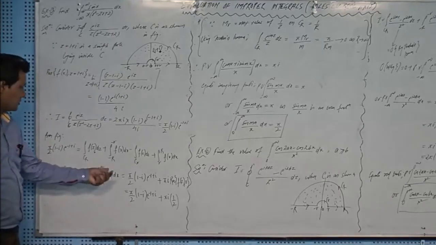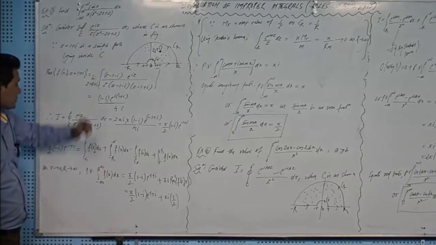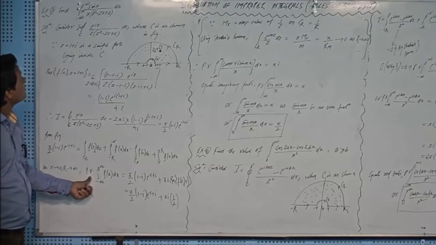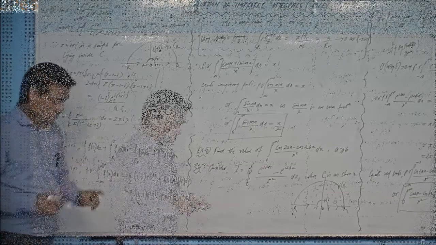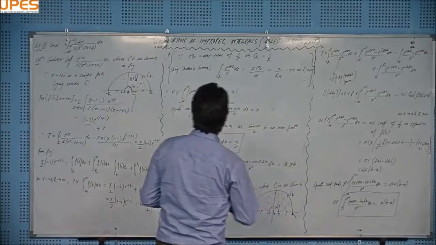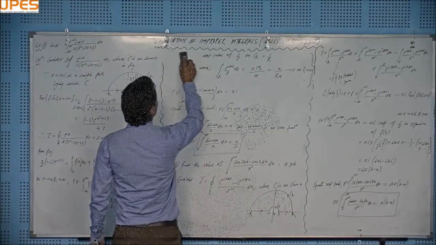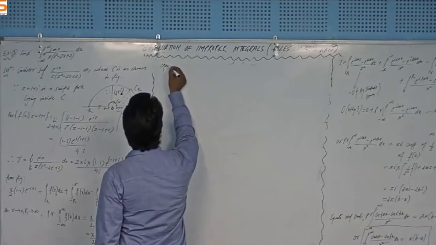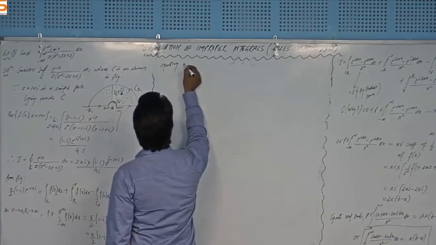And now I will write the principal value. I will separate the imaginary and real parts first. So I am taking imaginary parts.